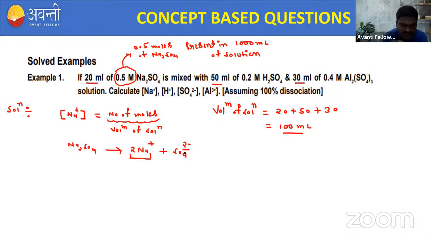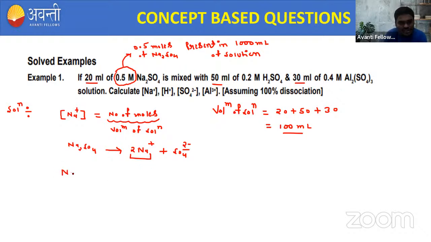So how can you write this? What is the total number of moles of Na2SO4? Can anyone say? Right. So how can we calculate that?